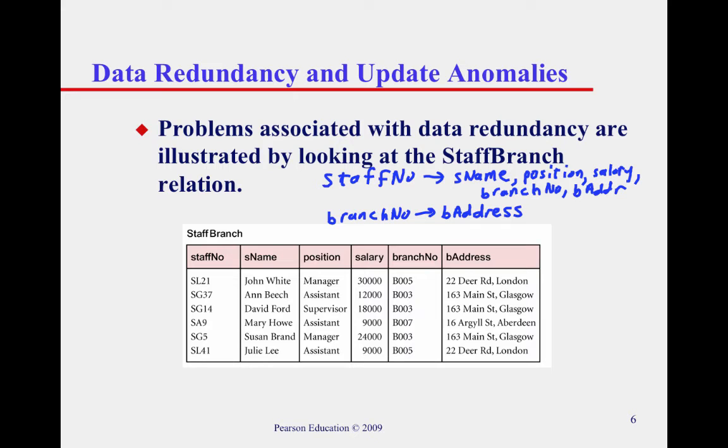So I think that is a reasonable one, that the position may well determine the salary. Okay, that was one I didn't think is super obvious, but I think that's reasonable.